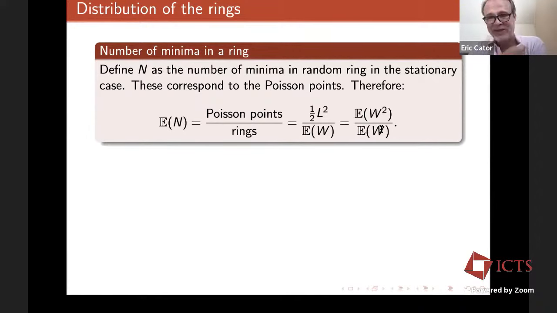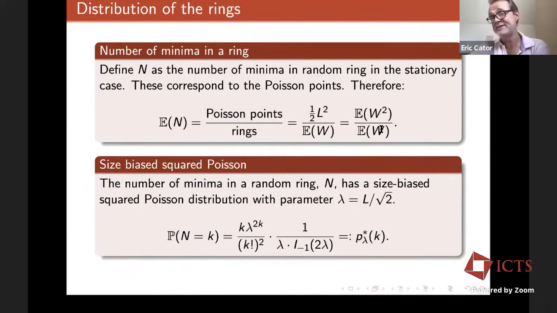I was hoping that someone in the audience would immediately say it. Which distribution would that be? But it's the size biased distribution.